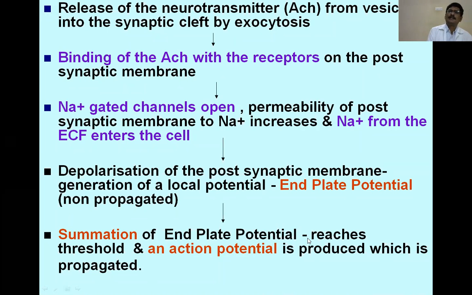This action potential is fired due to sudden influx of sodium inside, this time via the voltage-gated channels. That's the development of action potential at the motor end plate. Now this action potential spreads on either side of the neuromuscular junction along the sarcolemma.